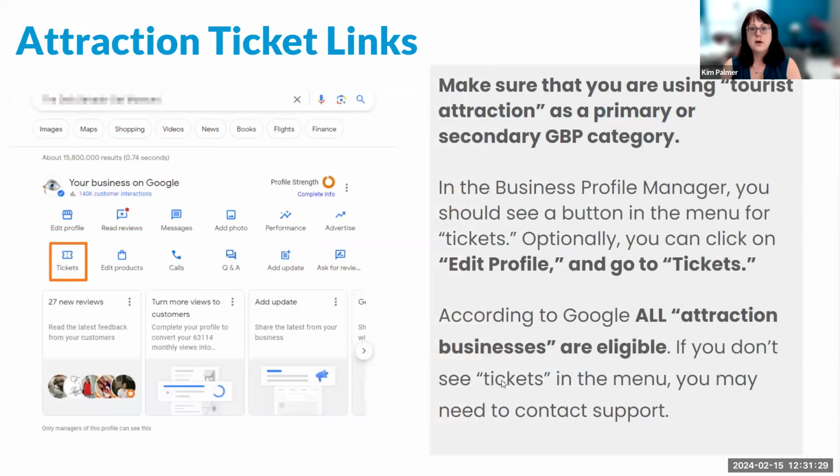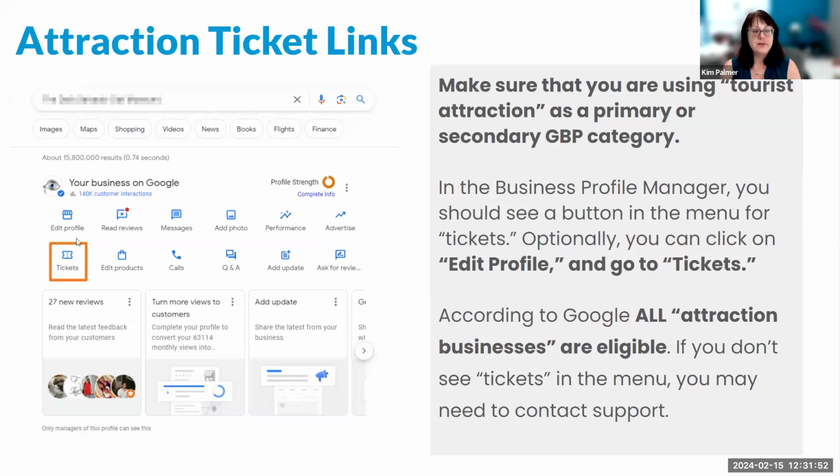If you are an attraction, and again, you need to make sure that you are a tourist attraction, or one of the primary attraction categories is either a primary or a secondary category for your profile, you want to look in your tools for this button that says tickets.